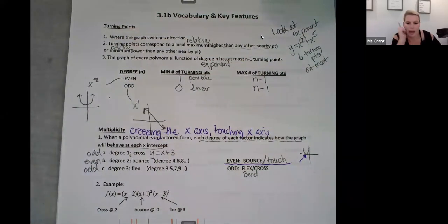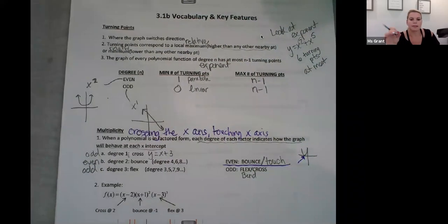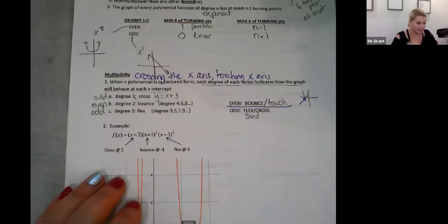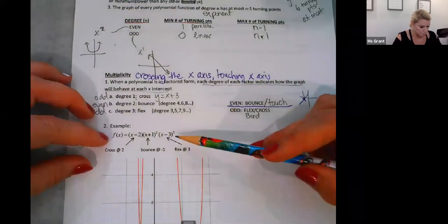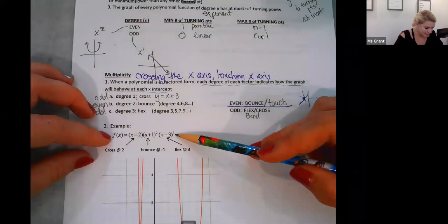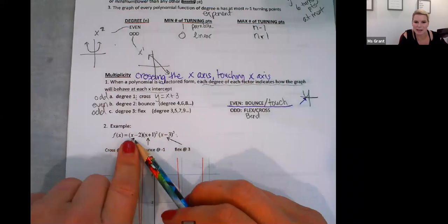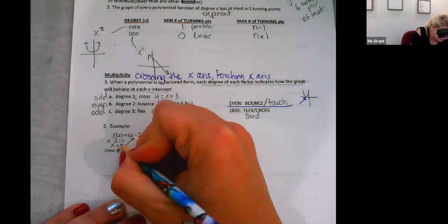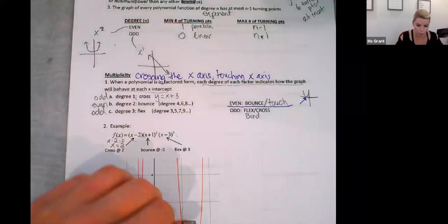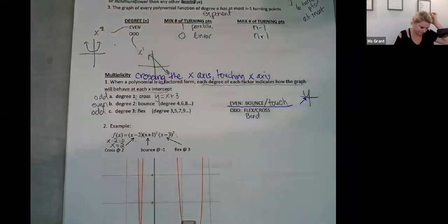So I want to put this into practice, okay? Multiplicity. How many times and where does my line cross or bounce off or touch? So let's look at this. This is factored already. Yes? This is nice because we know that when I have an x minus 2 here, that means x minus 2 equals 0 and an x-intercept is at positive 2, right?